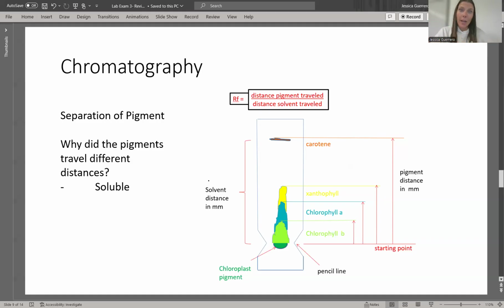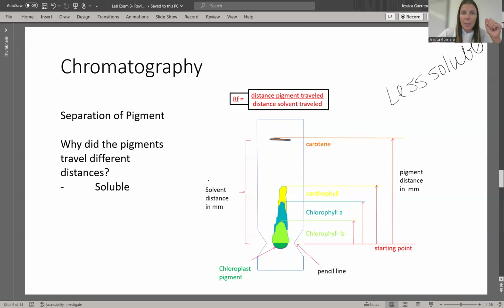We let it sit while we carried out the light rate photosynthesis lab. Then at the end of the lab, I came back with you and I said, hey, I want to explain what you should have gotten. What we should have seen is the pigments begin to separate, okay? And the heavier or the less soluble, so if they're less soluble, they didn't move very far.